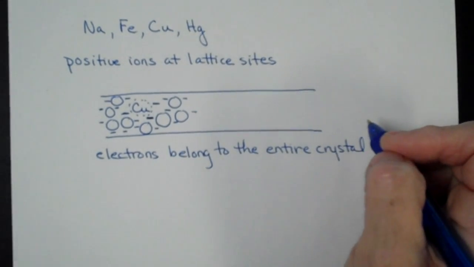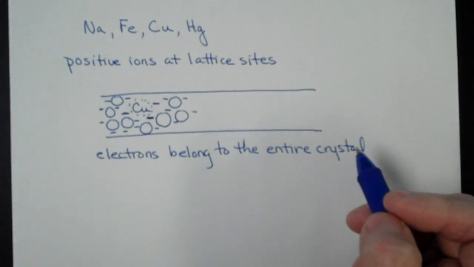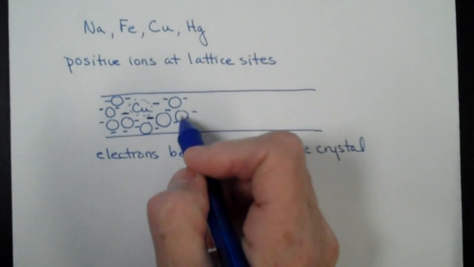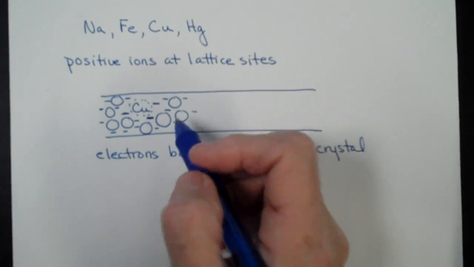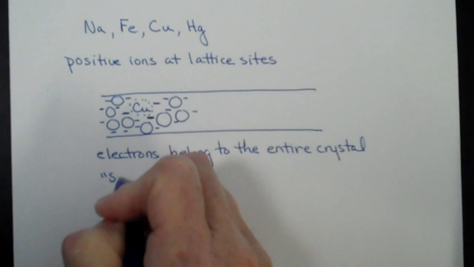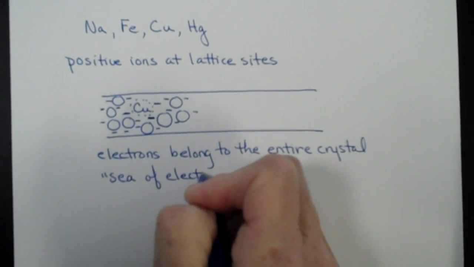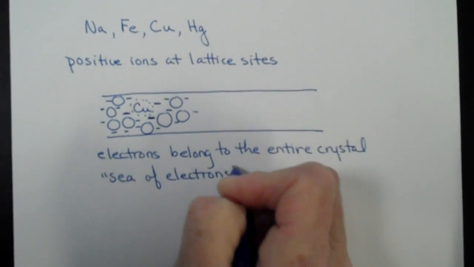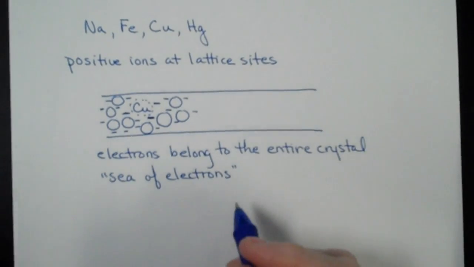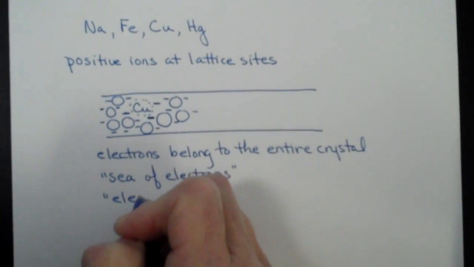All right. Now, another way of thinking about this is that these central parts of the atom, the kernels, are floating in a sea of electrons. Some textbooks refer to this as the kernels are surrounded by an electron gas.